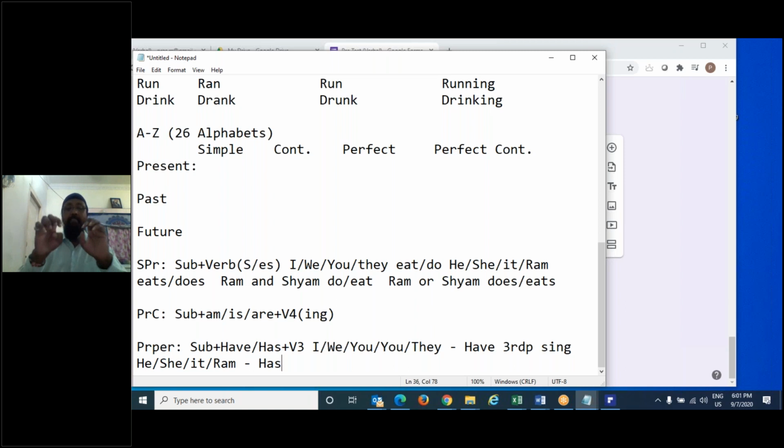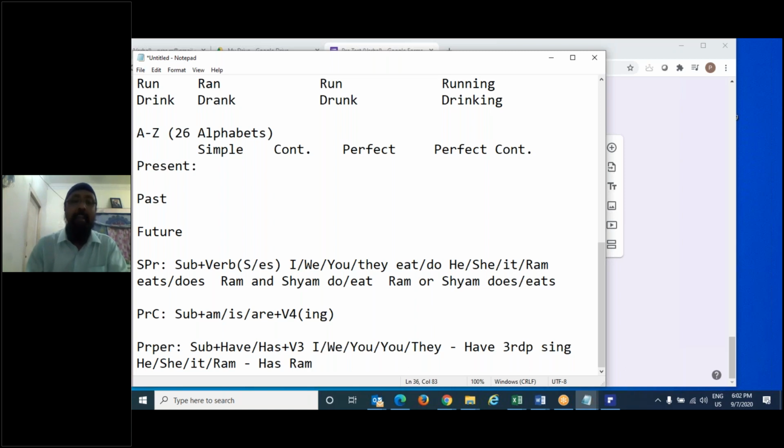We most of the time get confused. Only he, she, it, and a singular noun, or a subject that is referring to he, she, it, or anything singular: when we are putting the sentence in present perfect, it is has and not have. She has, it has, Ram has. The same thing applies here.